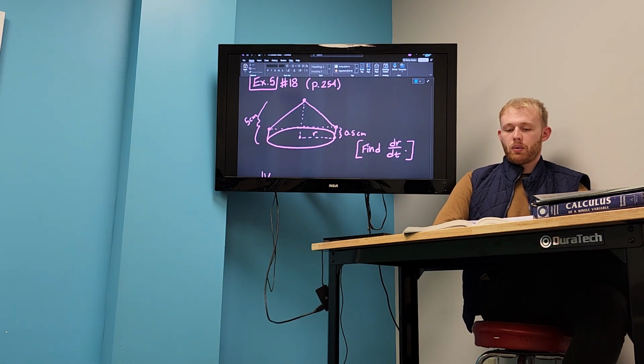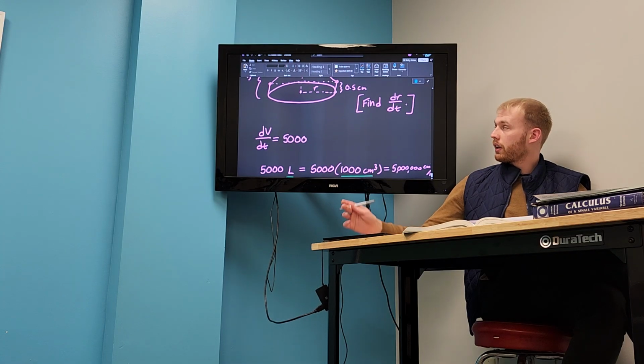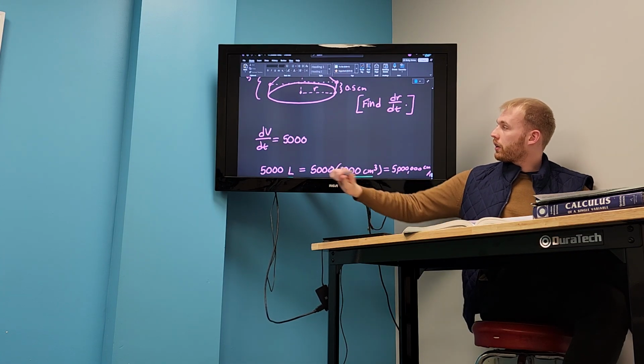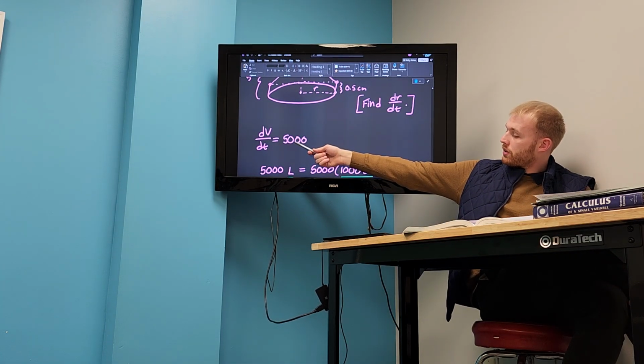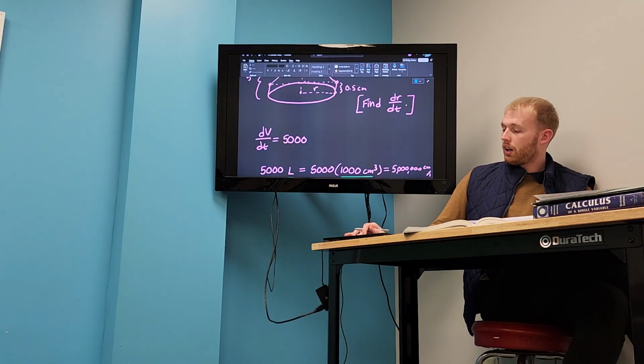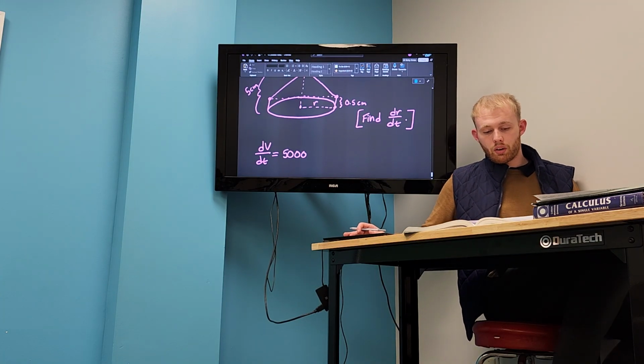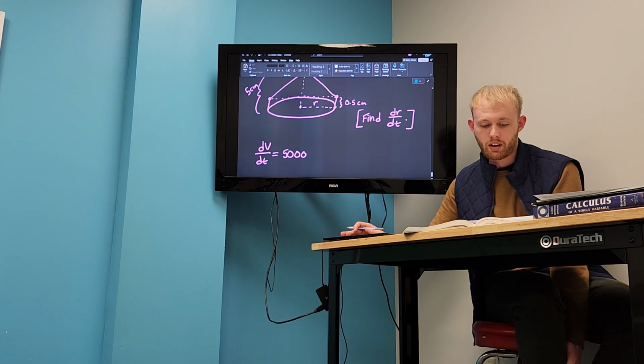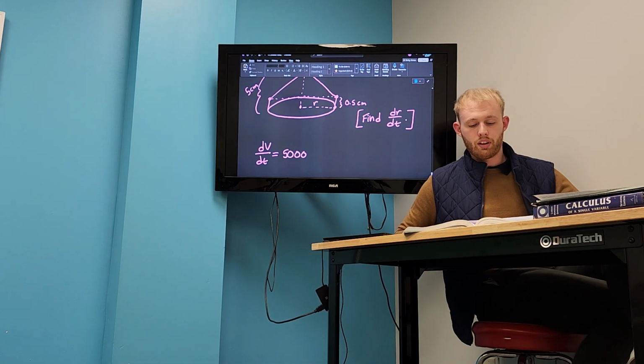Now let's talk again about what we're trying to find and what we know. We're trying to find the rate of change of the radius. We know that the volume is changing at this rate. So we need to relate the volume and the radius together with an equation.